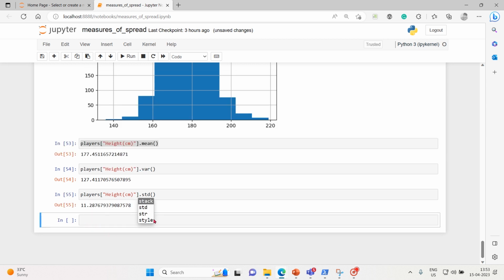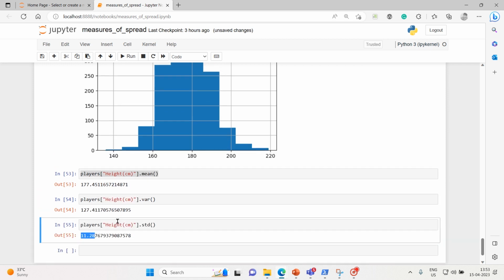The standard deviation is 11.28. It's height in centimeters, sorry, 11.28 centimeters. What it tells is that on average, the height difference between each player is 11.28 centimeters.